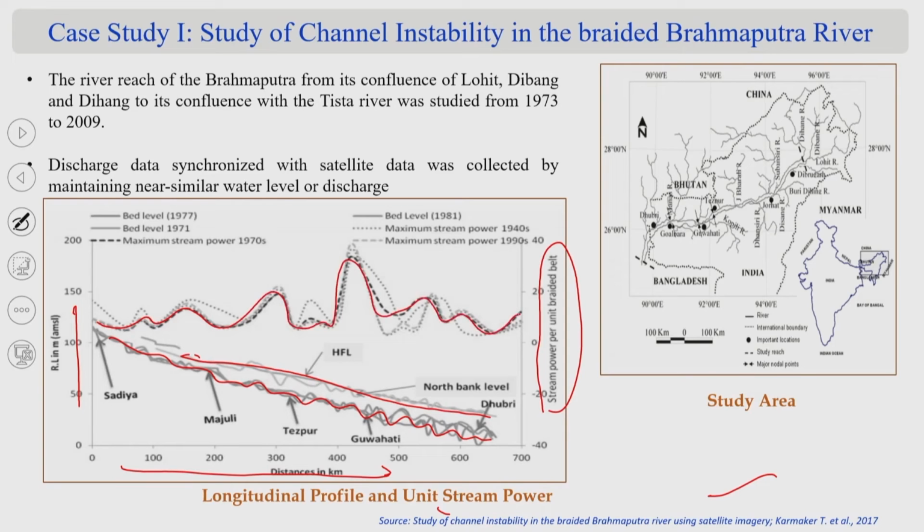It is quite interesting that the stream powers are varying, and that variation runs from the 1940s to the 1970s and so on. So the river tries to adjust, as I am giving the example of the 700 kilometer length of the Brahmaputra river from Sadia to Dhubri.